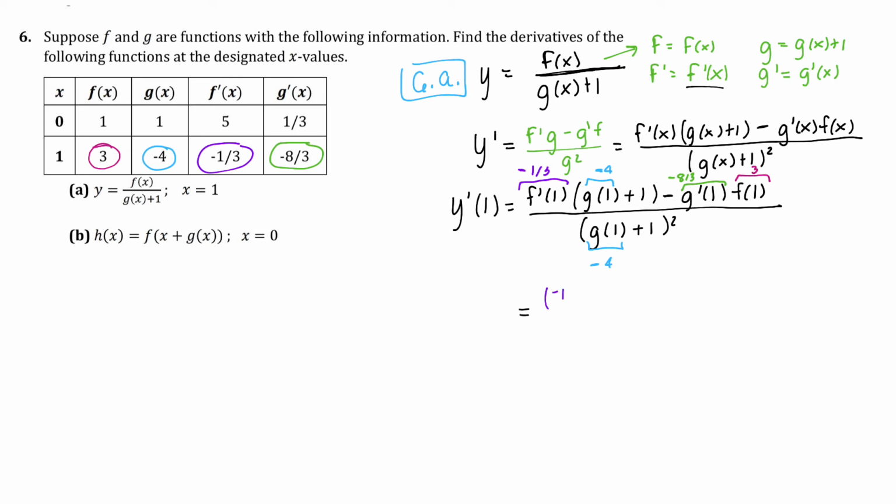So we have negative 1/3 times negative 4 plus 1, minus negative 8/3 times 3, all over negative 4 plus 1 quantity squared.